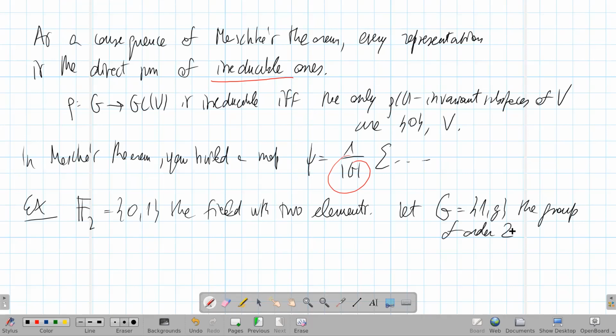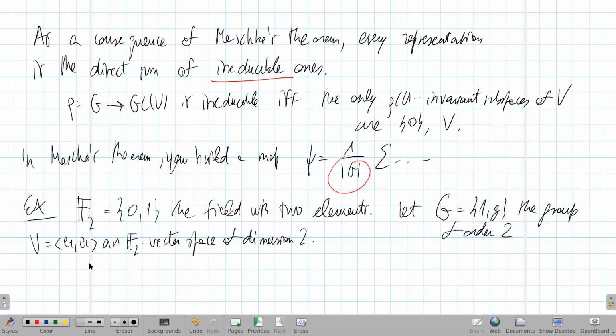Okay? Then let V, generated by E1, E2, be an F2 vector space of dimension 2. And of course, if I say that the dimension is 2, this means that E1, E2 is a basis, okay?